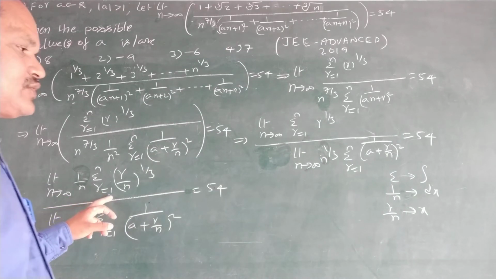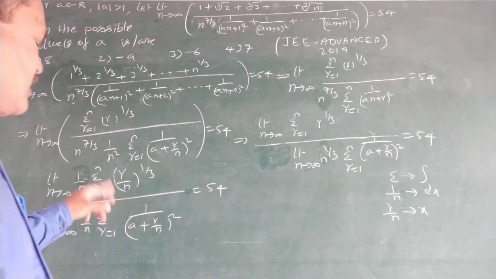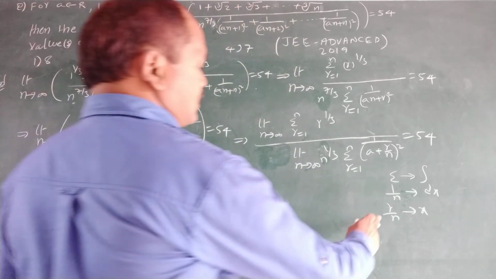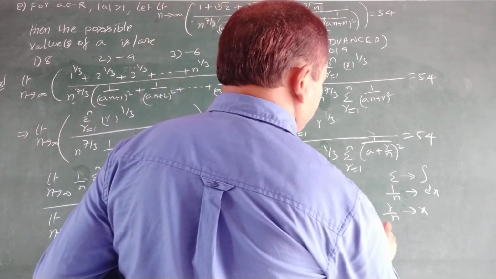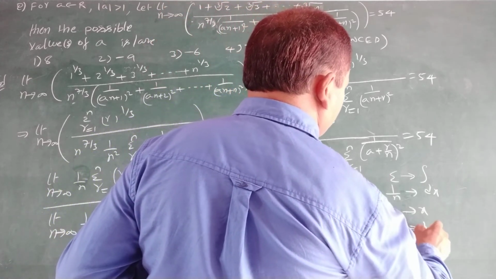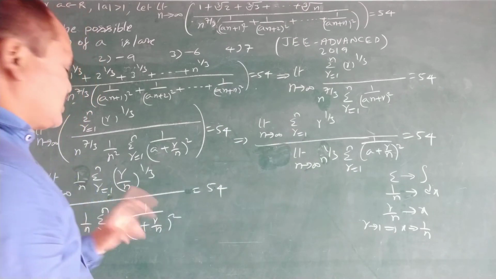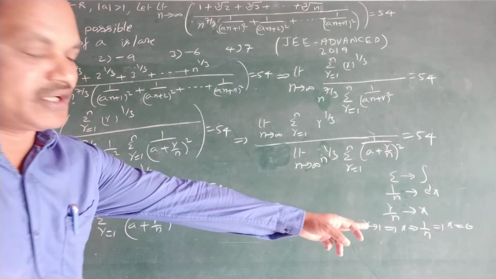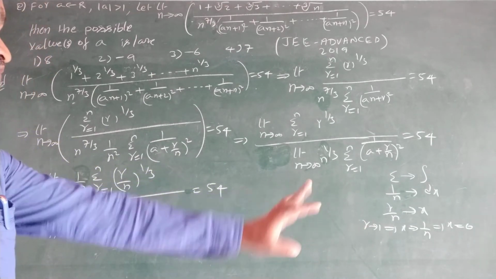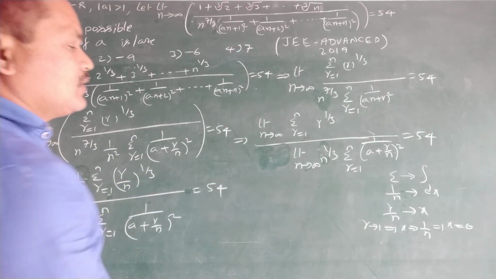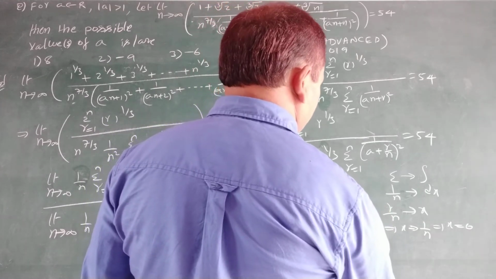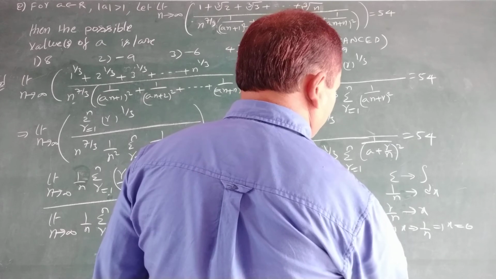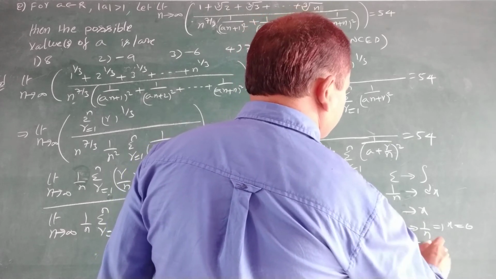If r is equal to 1, then x tends to 1/n, but n tends to infinity, so 1/infinity is 0. That's why x is 0. If r is equal to n, then x is equal to 1.